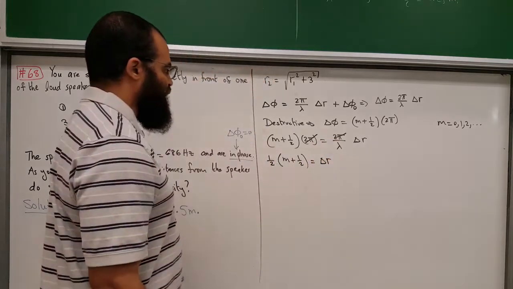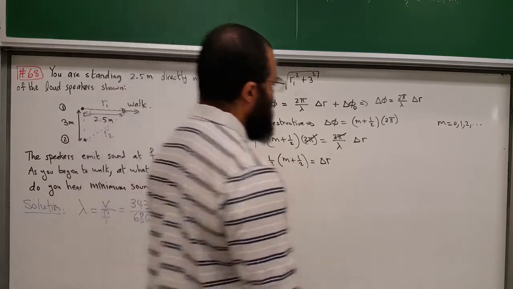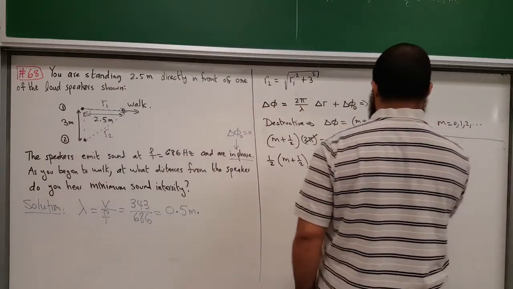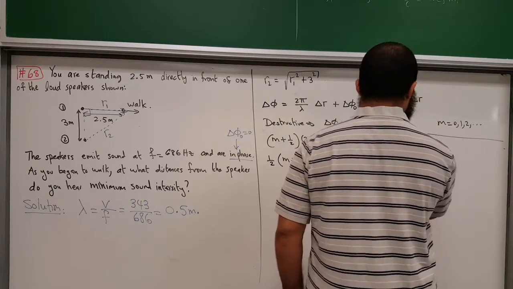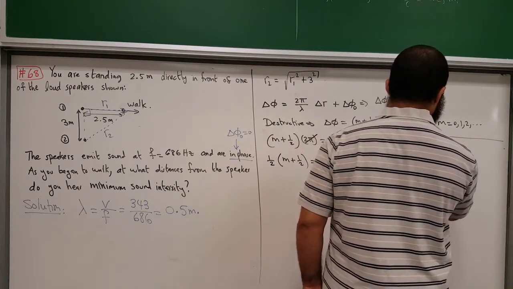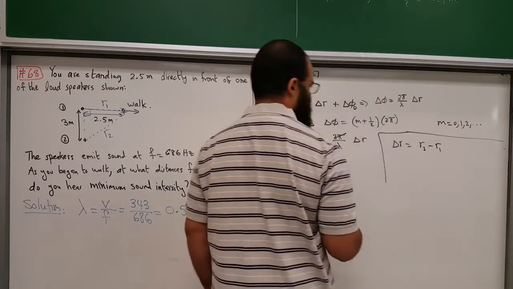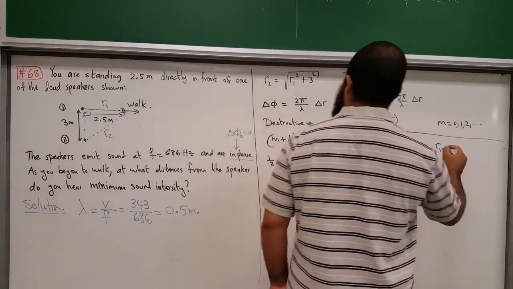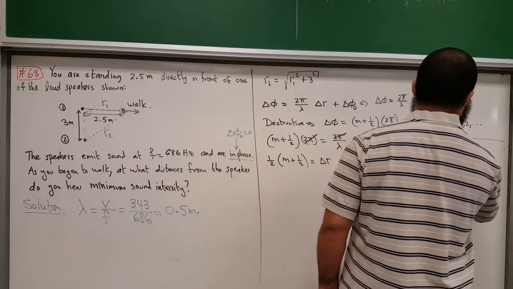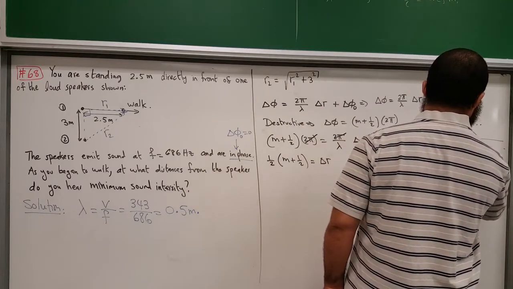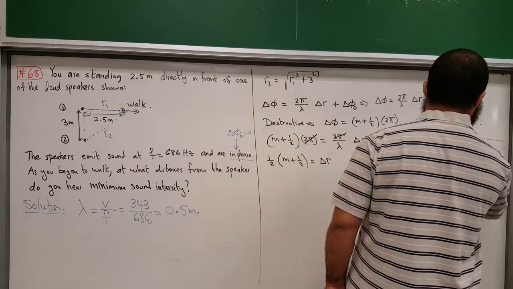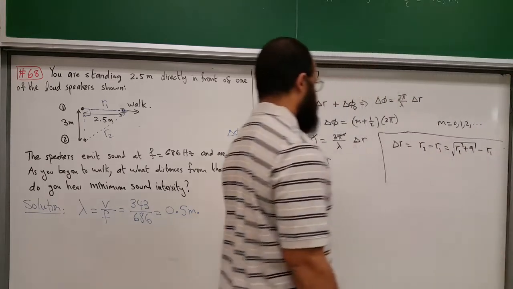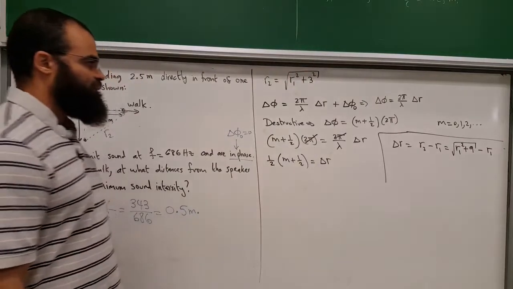But what is delta r? Let's do some side work here. Delta r is equal to r2 minus r1, and that's equal to the square root of r1 squared plus 9, minus r1.